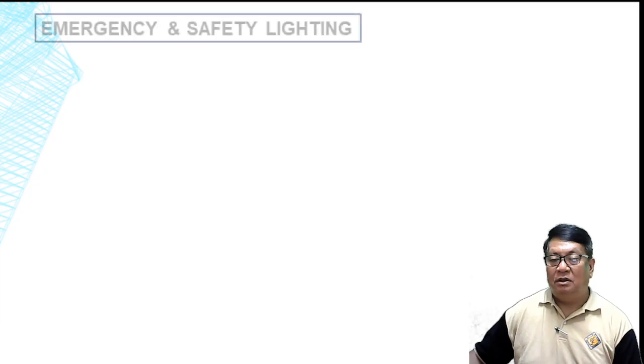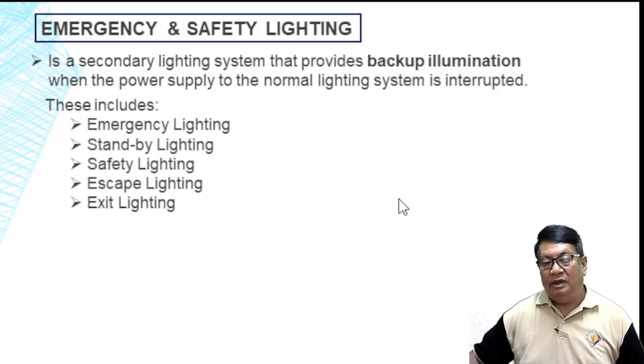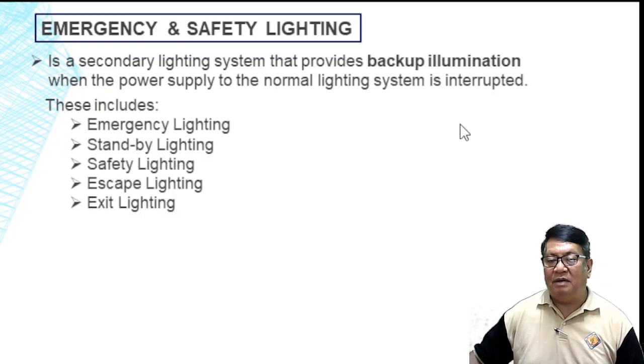Okay, so next we have emergency and safety lighting. So it is just a secondary lighting system that provides backup illumination when the power supply to the normal lighting system is interrupted.